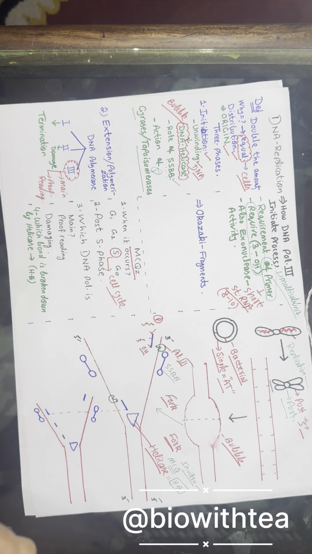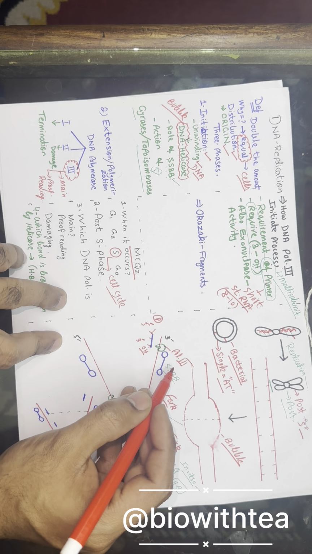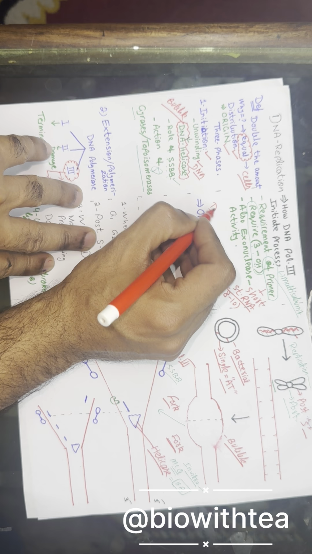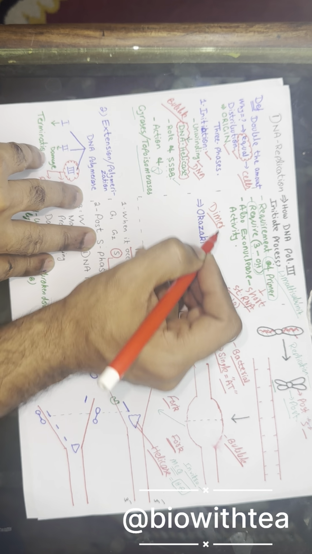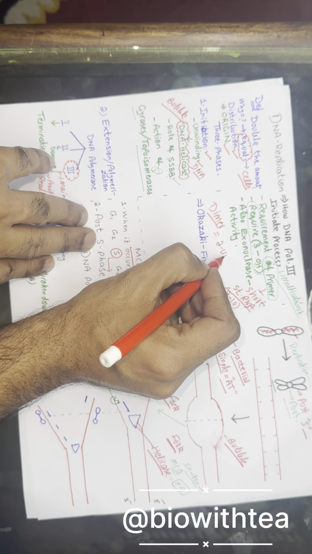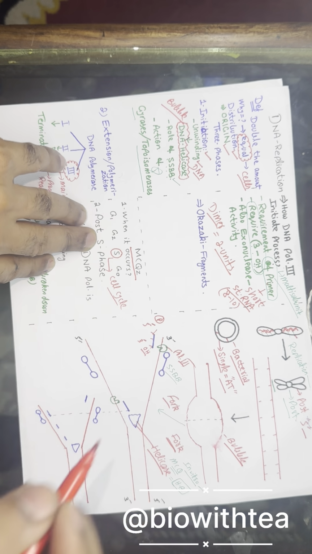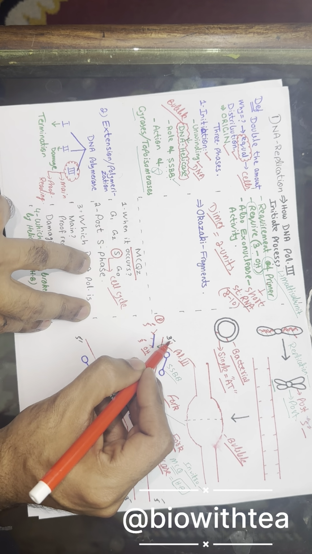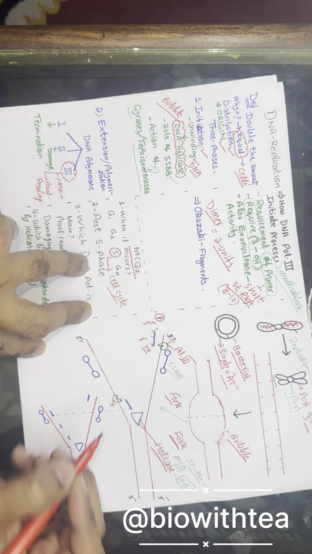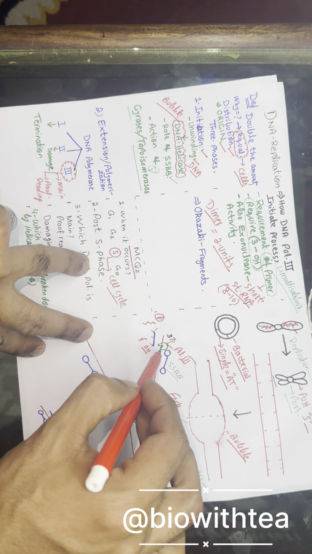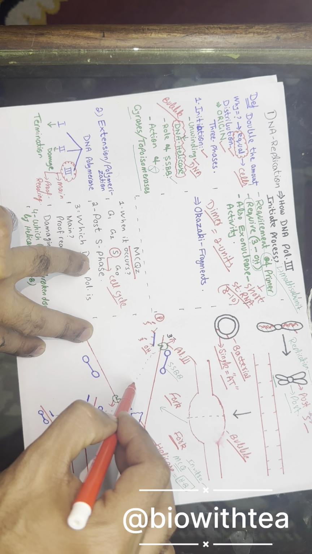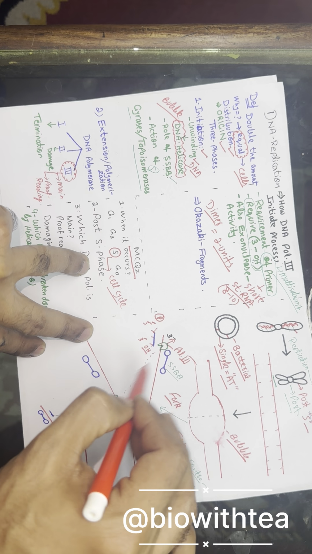The second important thing about DNA polymerase 3, which most of the students do not know. DNA polymerase 3 is a dimer, means it consists of 2 identical units. One is here and the second is here, and both these units are joined by a single polypeptide.